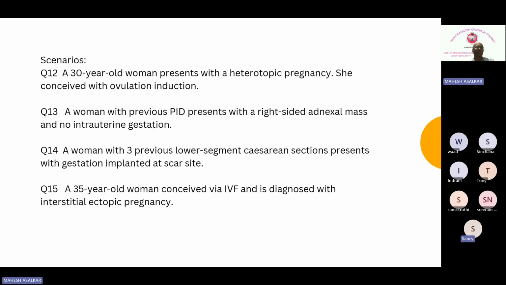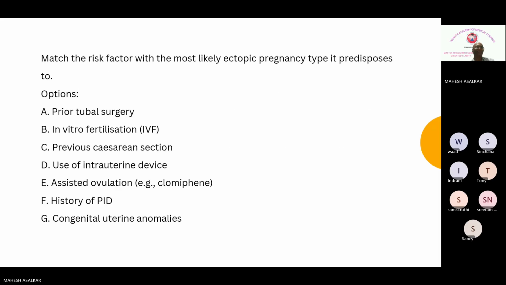Question number 12. A 30-year-old woman presents with a heterotopic pregnancy. She conceived with ovulation induction. So, heterotopic pregnancy, IVF. They are asking to match the risk factor with the most likely ectopic pregnancy type.